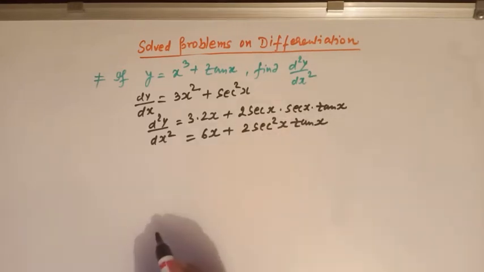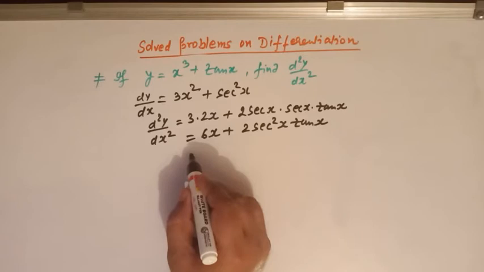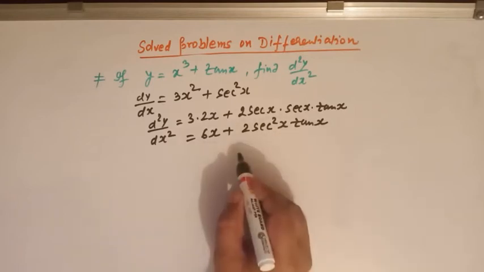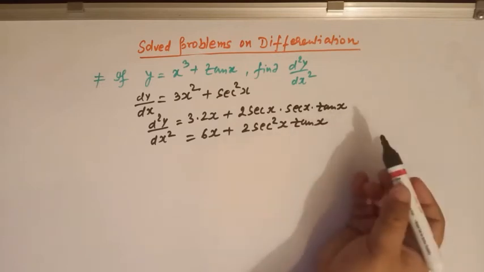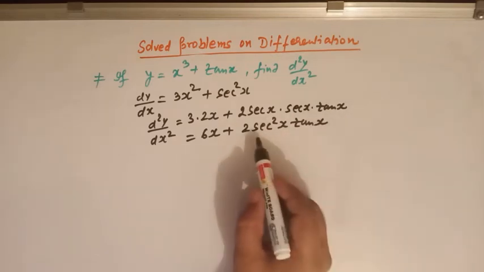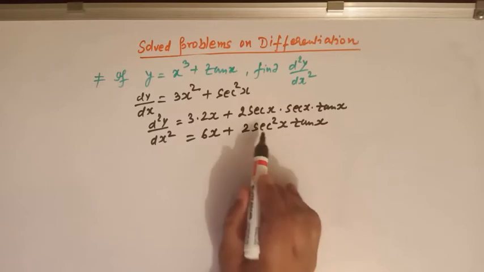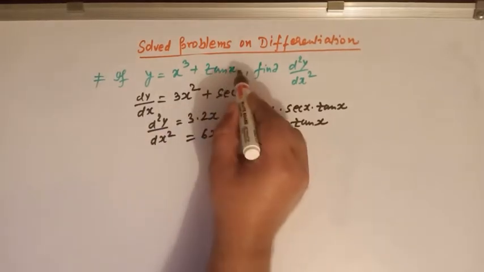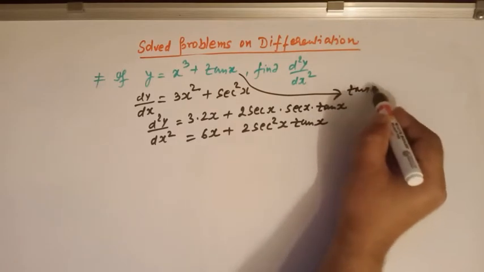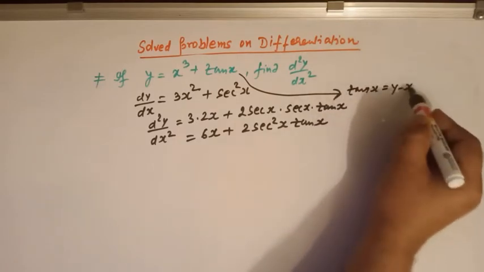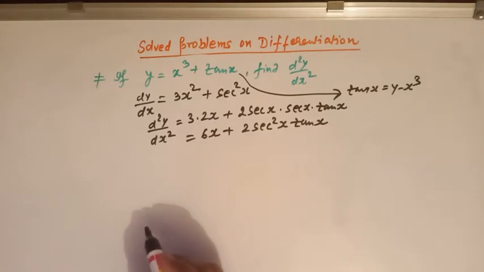Clear? Now if we want to express it in terms of x and secant square x and y, then from here we can write tan x is equal to say y minus x cube. Clear?